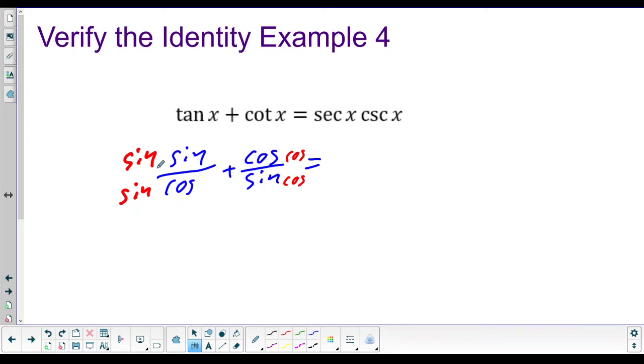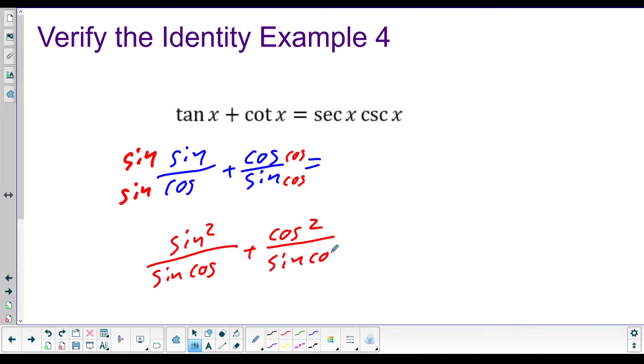All right, this is looking nice. And if you don't see why it's nice, you will in a second. So sine times sine is sine squared over sine times cosine, plus cosine times cosine is cosine squared over sine cosine equals some stuff.